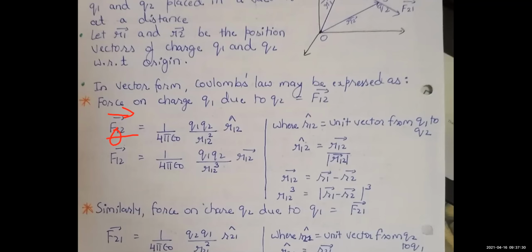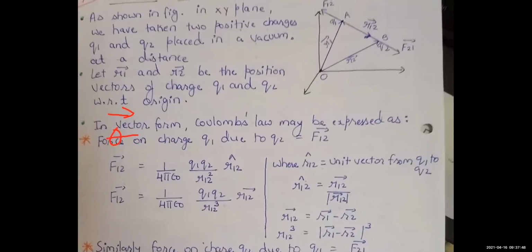But यहाँ पे हमें vector form में लिखना है. So we need to put direction. For direction, we are going to initially put the unit vector.